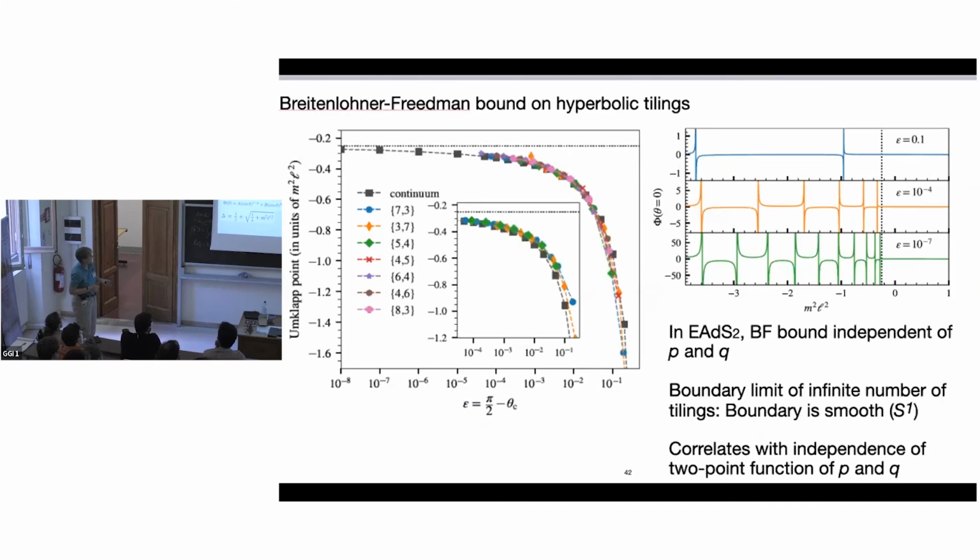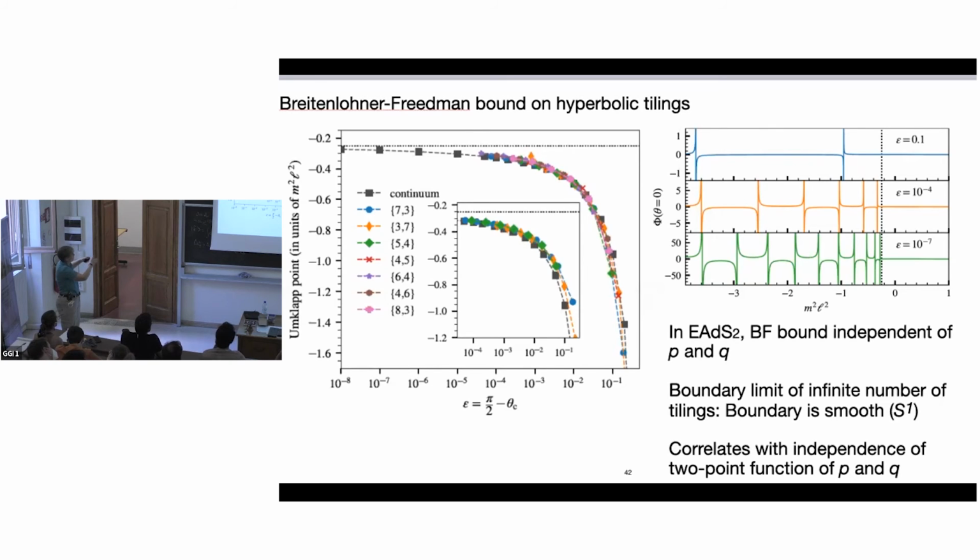And now the interesting thing is that this almost doesn't depend on the values of P and Q when you put this tessellation. Here, this is a numerical plot now. These black squares are what I showed you on the previous slide. This is the cutoff.